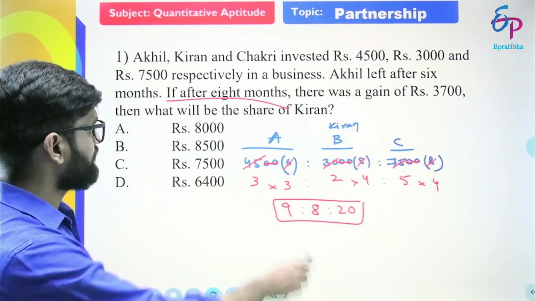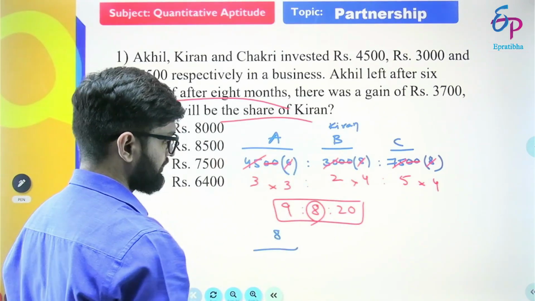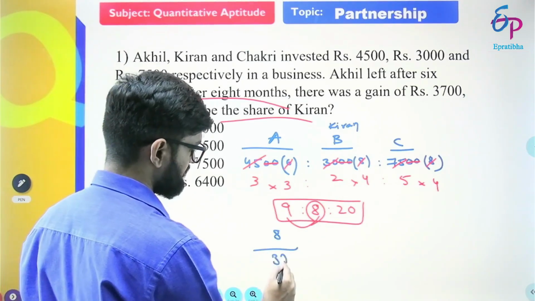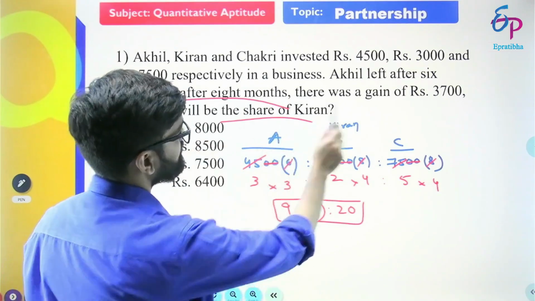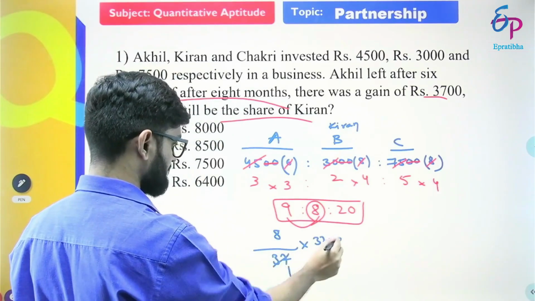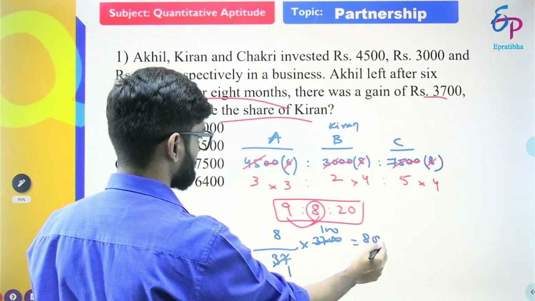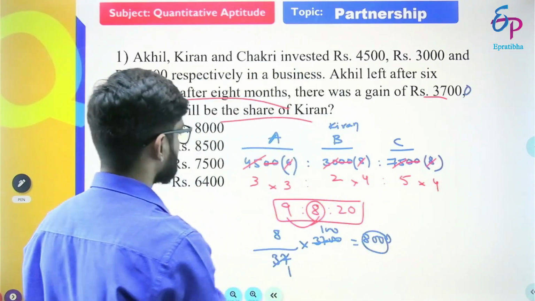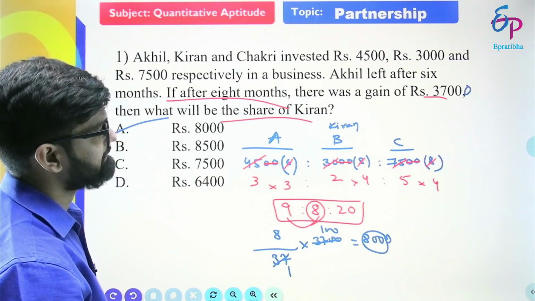So what they are asking is the share of Kiran. Kiran's share is 8 parts, right? 9 plus 8 is 17, 17 plus 20 is 37. 37 into how much is the profit? I'm sorry, it should be 37,000 as the profit. 37 ones, 37 thousands. So 8,000 is the answer.